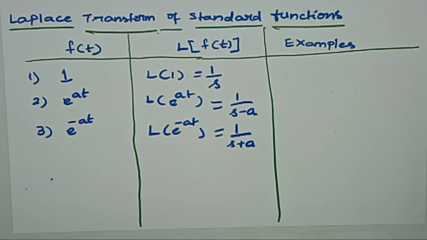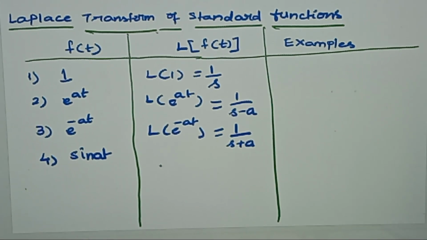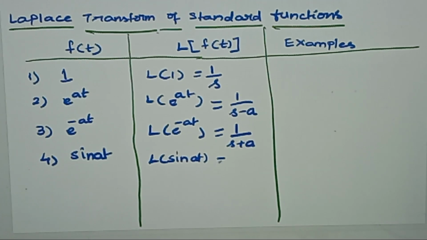Okay. Then the next formula is, if the function is sine at, what is the Laplace transform of sine at? Sine at is nothing but a upon s square plus a square.